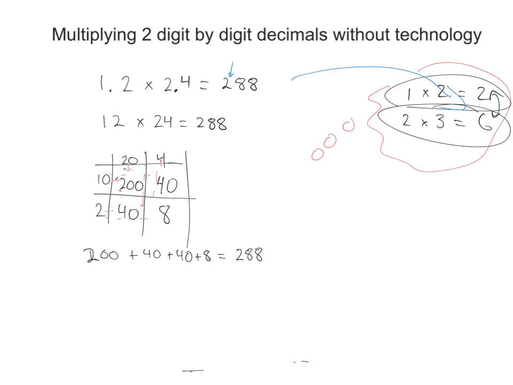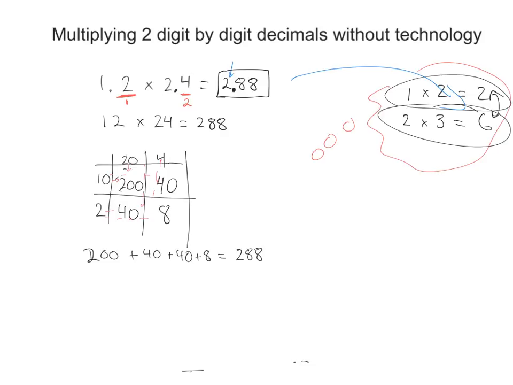Another way that you can figure out where that decimal place goes is this question. 1 decimal 2 has 1 decimal place there. 2 decimal 4 has another decimal place, that's a second. So therefore our answer should have 2 decimal places because there were 2 in the question. So I'm going to put the decimal place right in there. Our answer is 2 and 88/100ths.